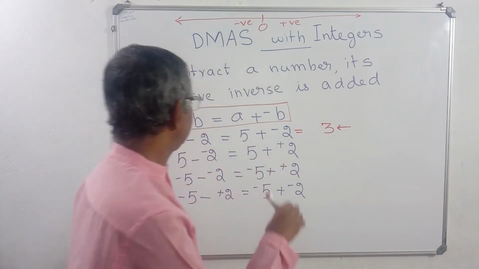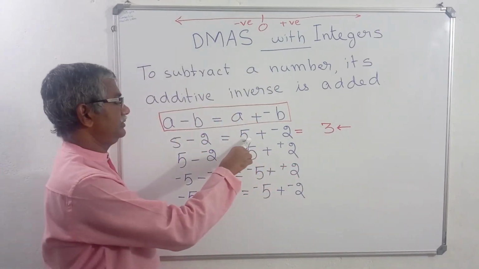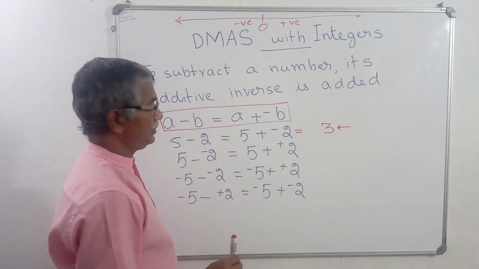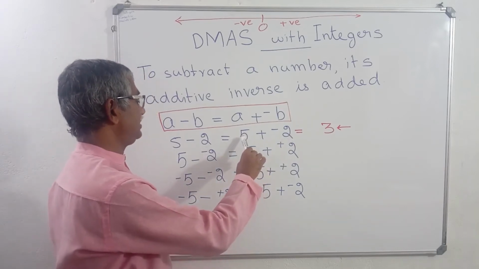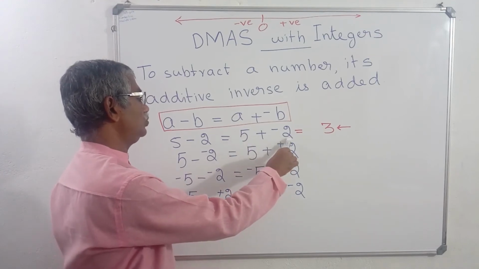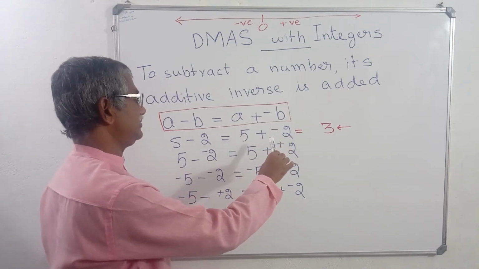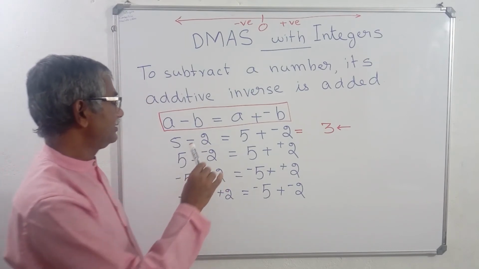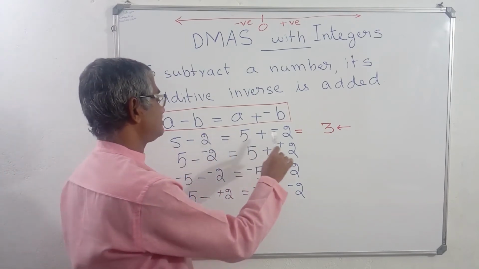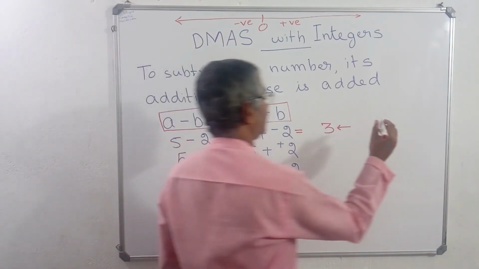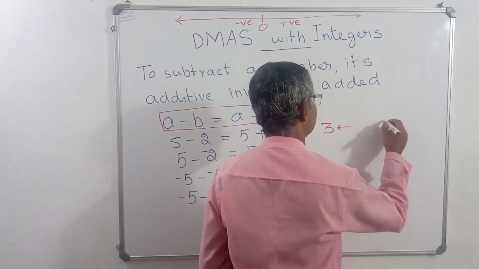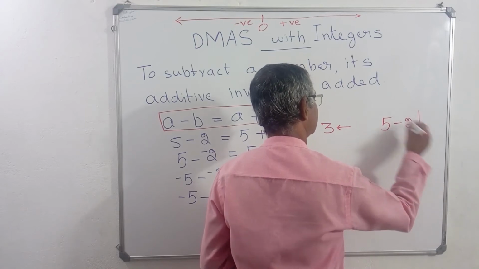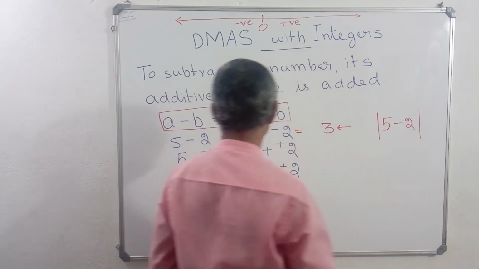Consider the difference of their absolute values. What do we mean by absolute values? Take 5 and 2 without the negative or positive sign. What do we mean by difference? Subtracting the smaller number from the larger number. 5 larger, 2 smaller, absolute values.